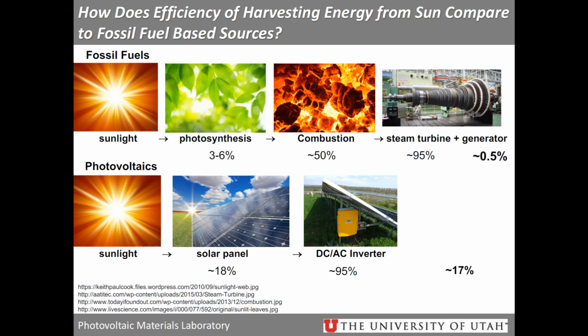So let's say if you take 3%, 50% of that is roughly 1 to 1.5%. Now combustion engines with an efficiency of 95% roughly give you energy which is 0.5% of the total solar energy that we receive.